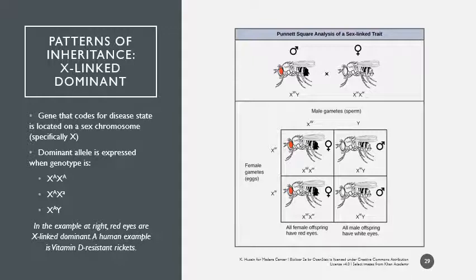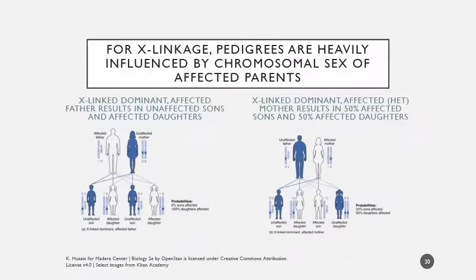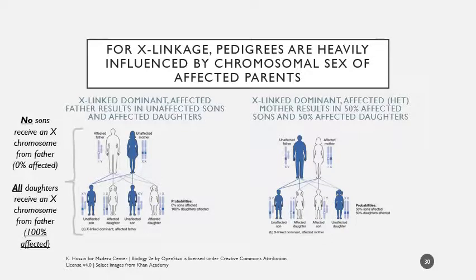But when we're talking about especially detrimental human conditions, the one we refer to most is probably X-linked recessive. So when we're looking at those X-linkage patterns, again with X-linked dominant, if we have an affected father, that's going to result in unaffected sons and affected daughters. So again, with X-linked dominant, it might be a little bit more common in daughters.